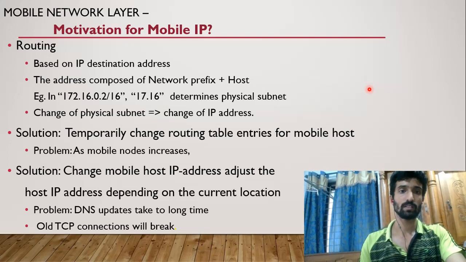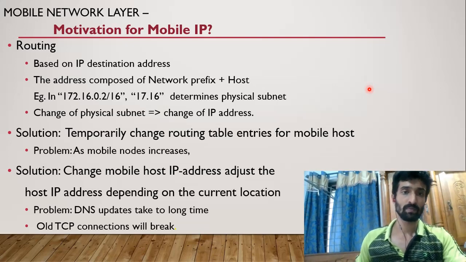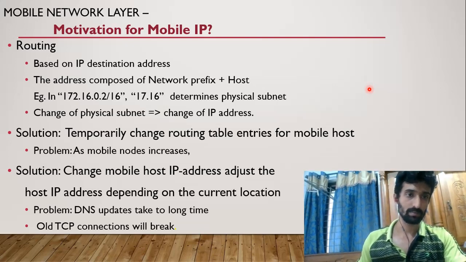So let's see whether the existing, traditional routing in the stationary network can be adapted for the mobile environment, wherein devices are allowed to move from one network to another network without interrupting the connections.